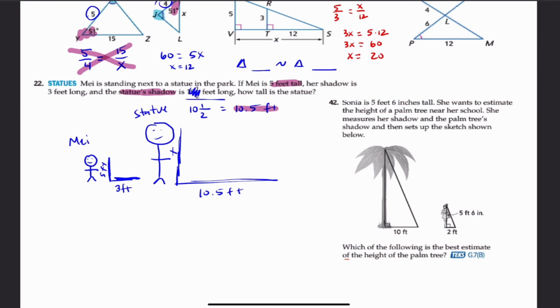So this person is 5 feet 6 inches, and her shadow is 2 feet. The shadow of the palm tree is 10 feet long. How tall is the palm tree?